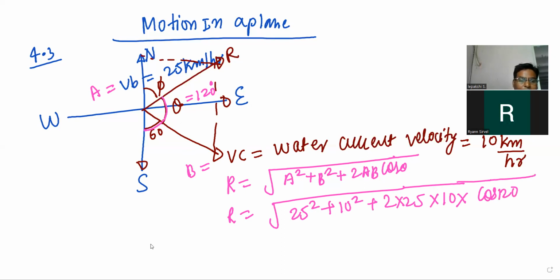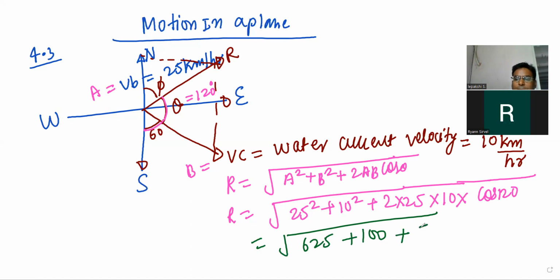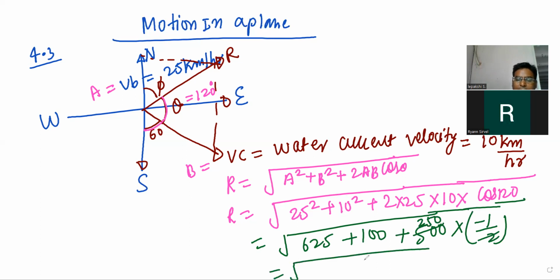Now solve it. Then we will get 625 plus 100 plus 2 into 25 into 10, that is 500. Cos 120 is nothing but minus 1 upon 2. So solve it. It will be 250. This will be 625 plus 100 minus 250.